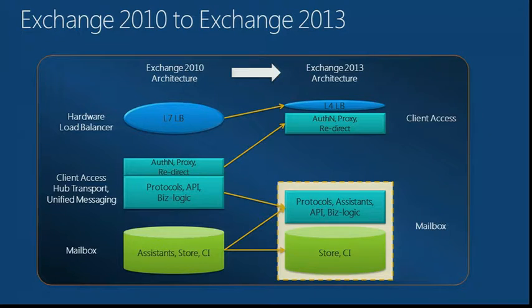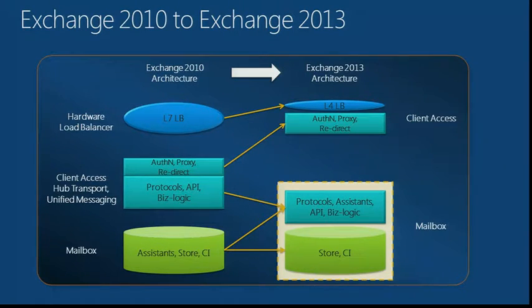We've also taken some of the work that load balancers were previously doing, namely session affinity, and moved that away from the load balancer and over into the mailbox. So everything that happens with respect to a user's mailbox is happening in that session on that server, which we call, as you heard, an island.